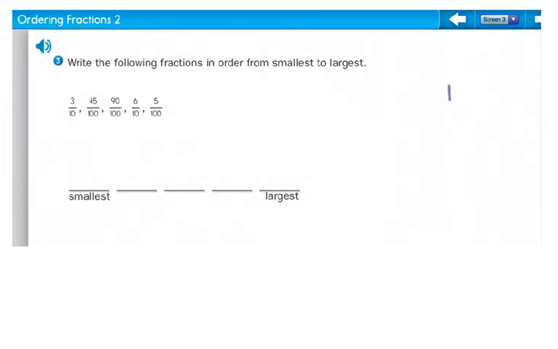Moving back to page 86. The first two were made a little bit easier by having the same denominator, 10, or the same numerator, 1. In this case, we have 2 different denominators. We have 10 and we have 100. But let me show you something. Remember how we came up with equivalent fractions? You know what I could do?